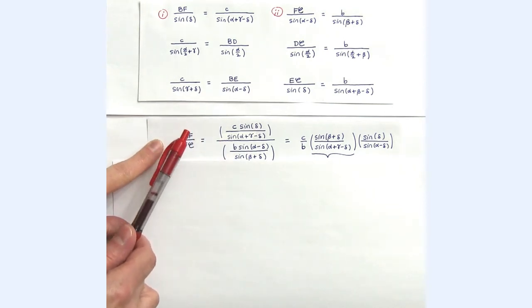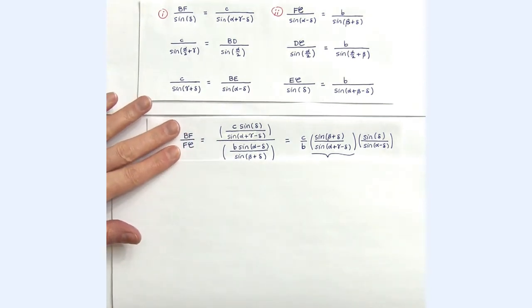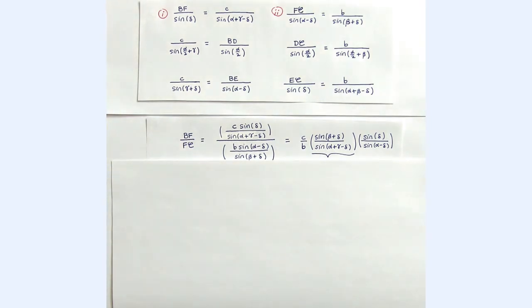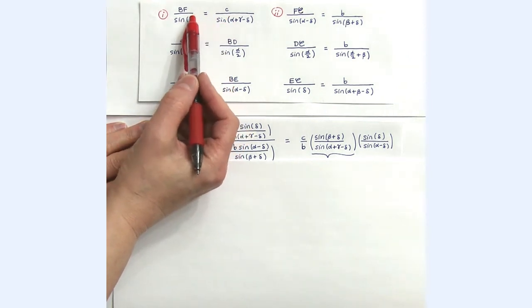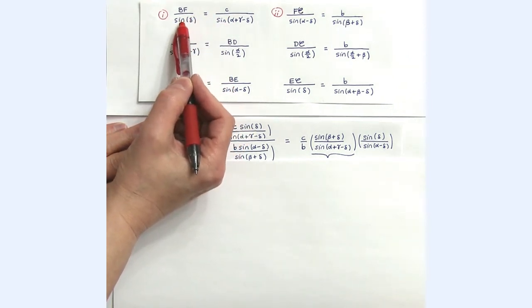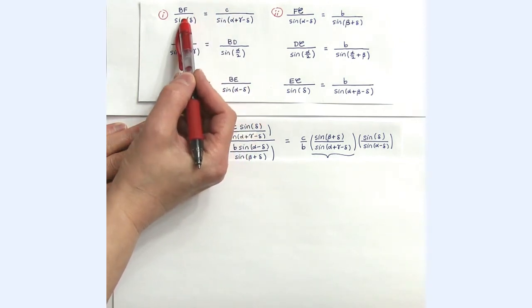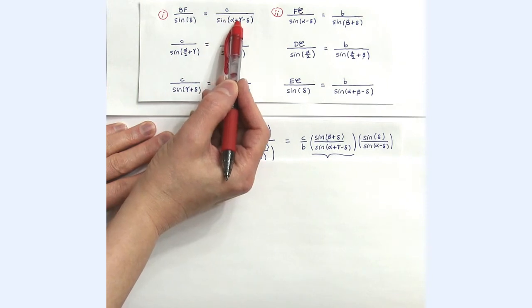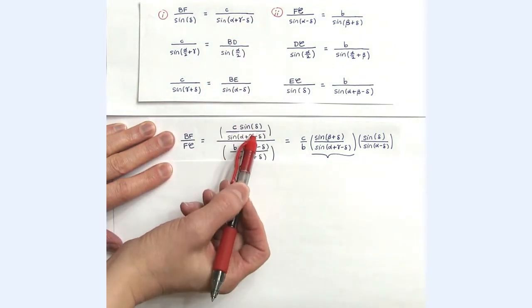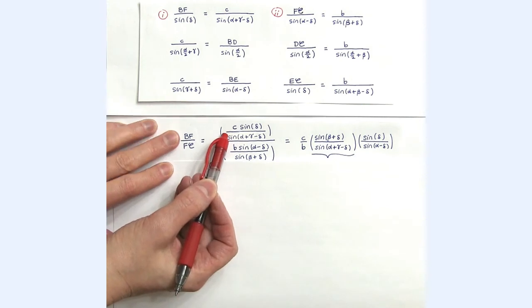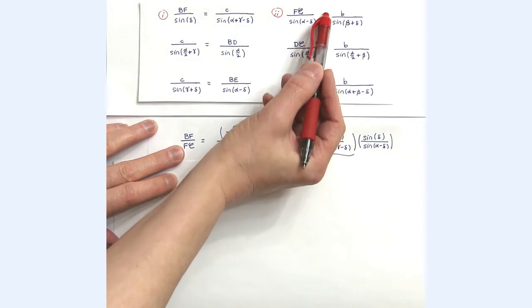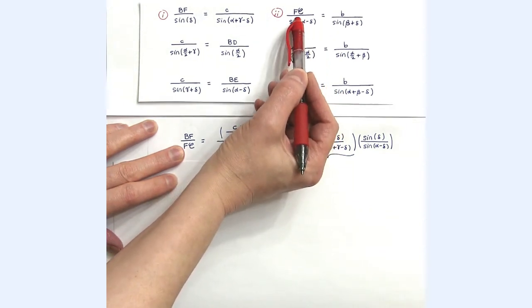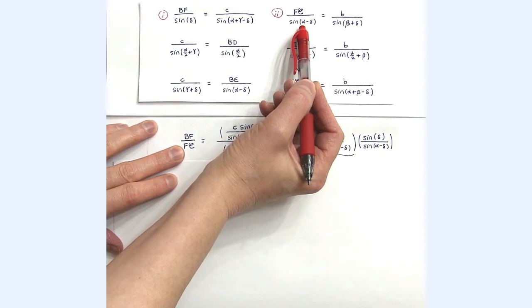So the ratio BF over FC, which is the ratio I seek, the numerator BF can be solved here by multiplying both sides of this equation by the sine of delta, and so then for BF I get C times the sine of delta over the sine of alpha plus gamma minus delta, which is what I've written here in the numerator for BF. And for FC, I can solve for FC in this equation by multiplying both sides by the sine of alpha minus delta.